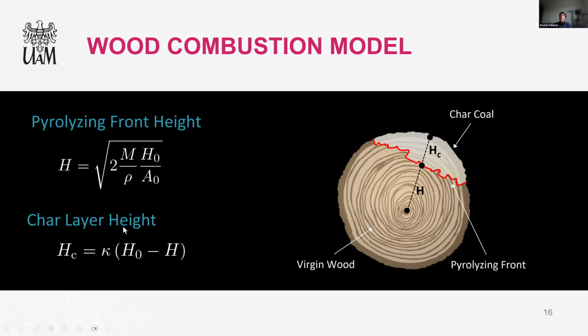We also compute the height of the char layer, and here we assume a linear relationship where we have some kind of coefficient kappa, which tells us for different types of wood how much char layer we expect as the result of the difference between the starting height of a surface element and its current height.